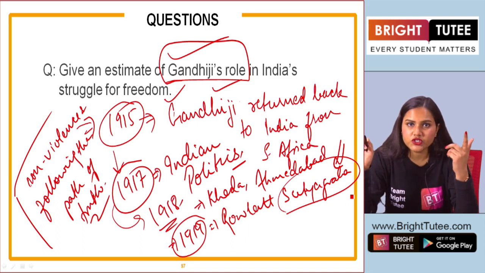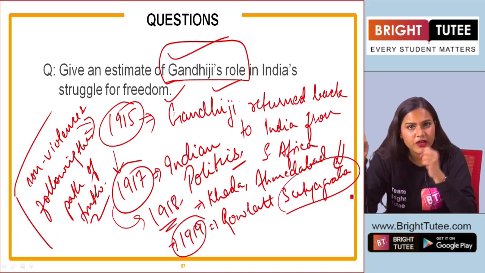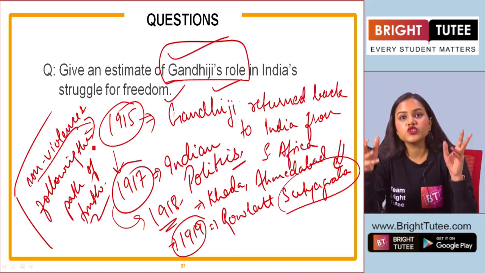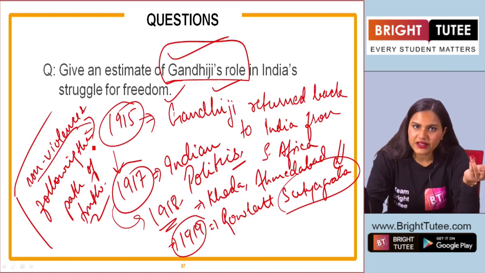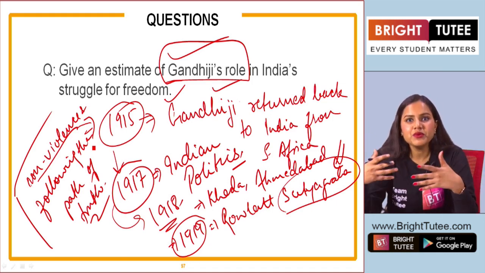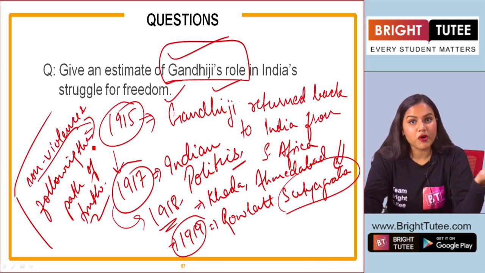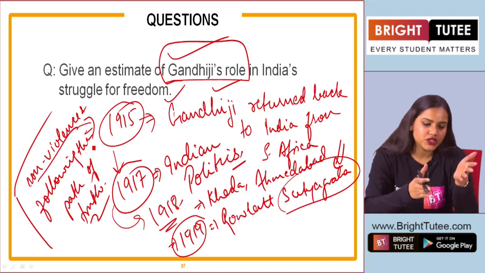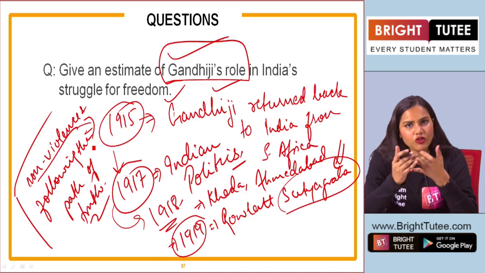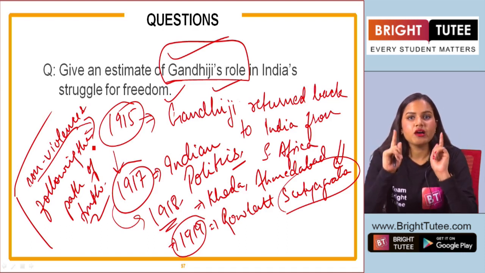Satyagraha means firmly holding on to the truth. Non-violence and truth were the two important weapons of Gandhiji, and this is how he became Mahatma, the people's leader. And do not forget to mention the movements launched by Gandhiji himself: non-cooperation, civil disobedience, and last but not the least, the Quit India movement.